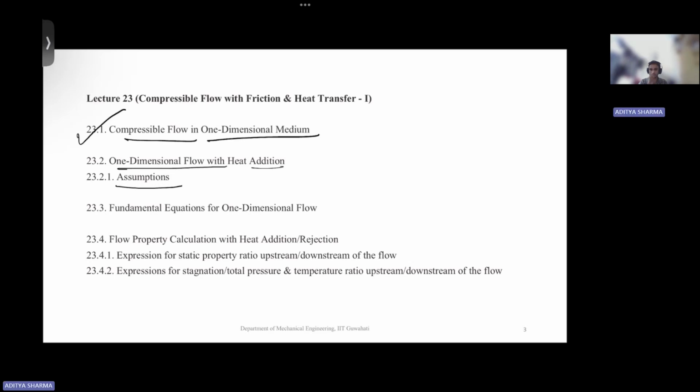So how do properties change across a shock?